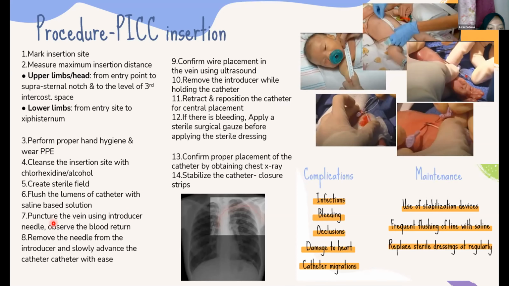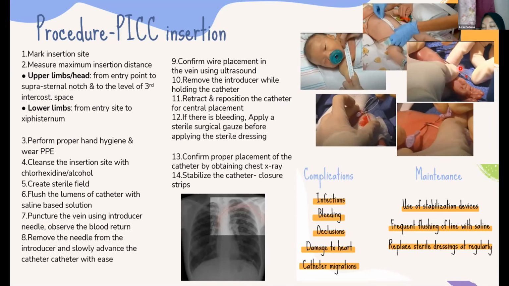And then puncture the vein using the introducer needle and observe the blood return, such as in this diagram. After that, remove the needle from the introducer and slowly advance the catheter with ease.